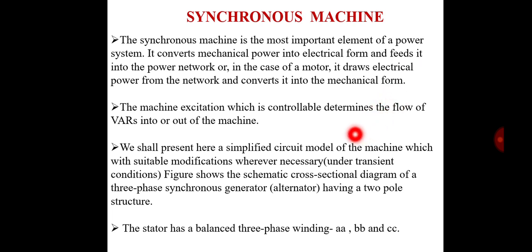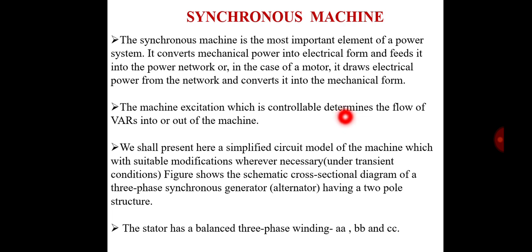Now in the case of a motor, it draws electrical power from the network and converts it into mechanical form. The machine excitation, which is controllable, determines the flow of VARs into or out of the machine.